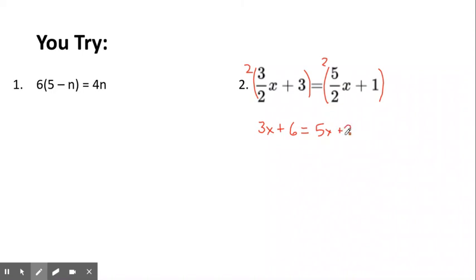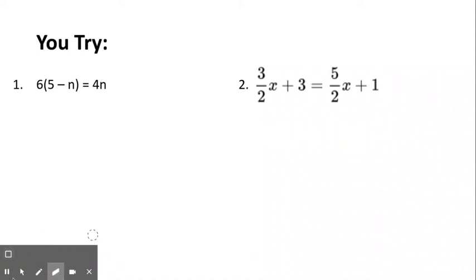Ooh, it's so annoying to write this with your finger. Okay. After that step, it's a lot easier. Since there's no fractions left, your answer would be x equals 2. Oh, and I should have said over here, the answer for this one is 3. N equals 3.